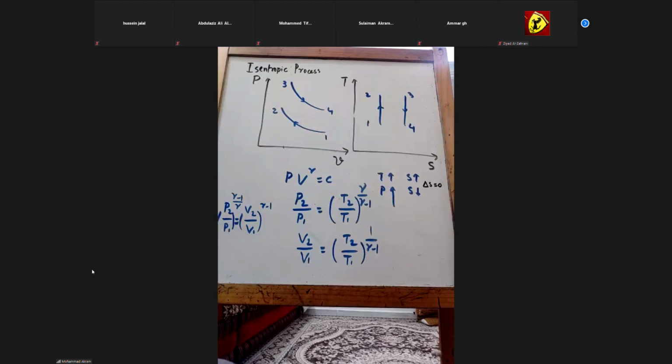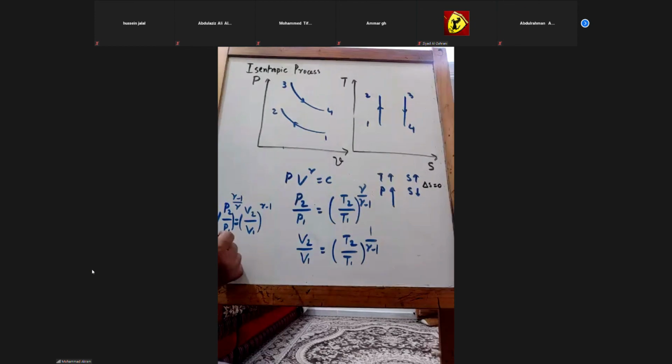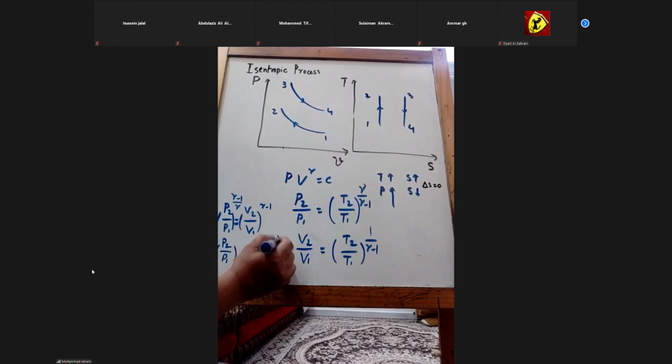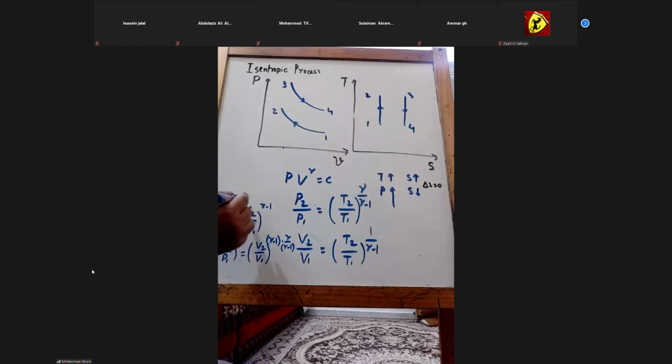So what will happen in this case? 1 over rho. So P2 by P1 is equal to V2 by V1 to the power gamma minus 1. If I multiply with gamma divided by gamma minus 1 on both sides, then it will get cancelled, because this will become 1.